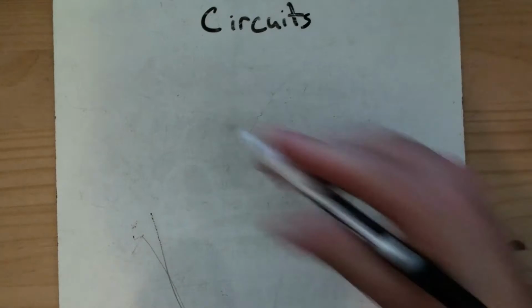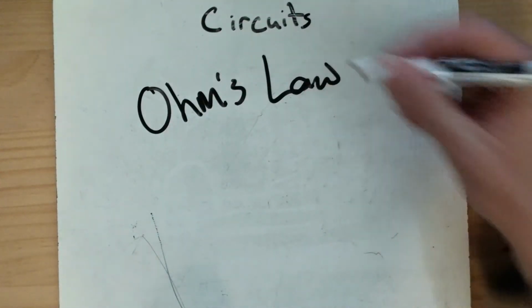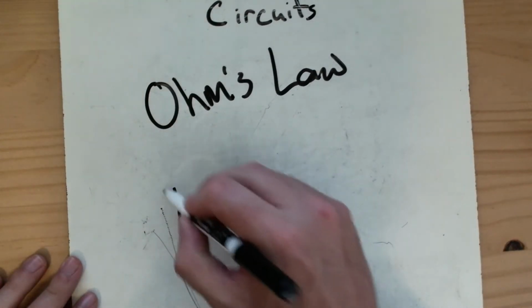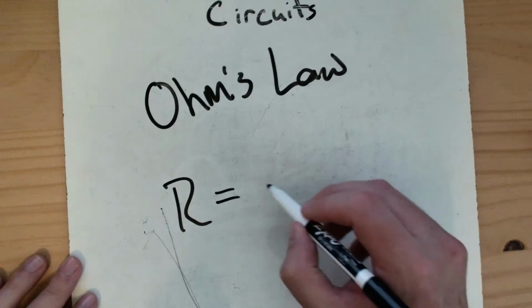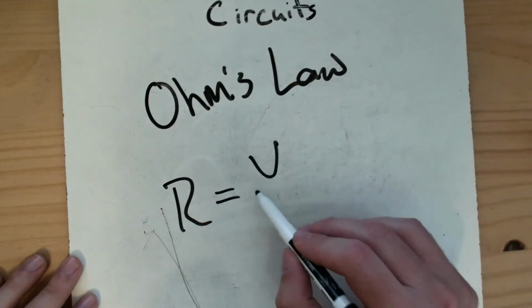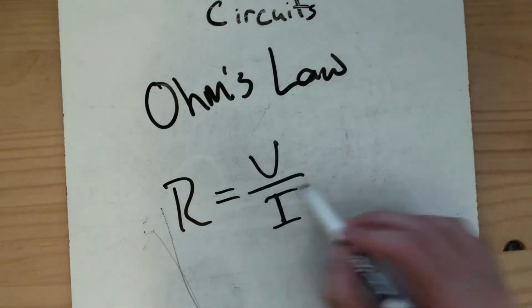Resistance can be calculated using something called Ohm's law. And Ohm's law is fairly simple. The amount of resistance that we have in a circuit is equal to the amount of voltage trying to flow through that circuit divided by the amount of current that we have.